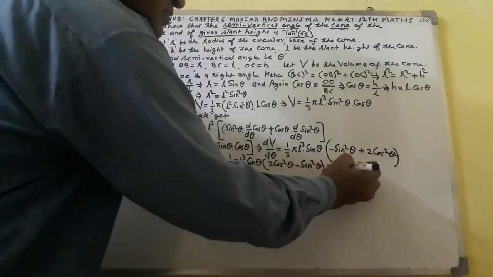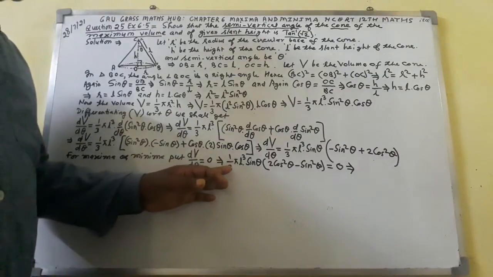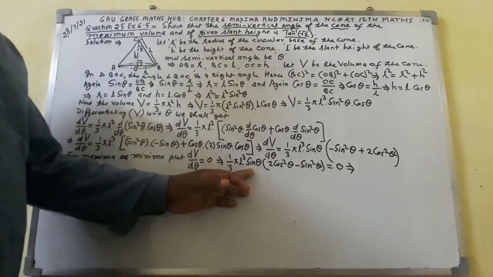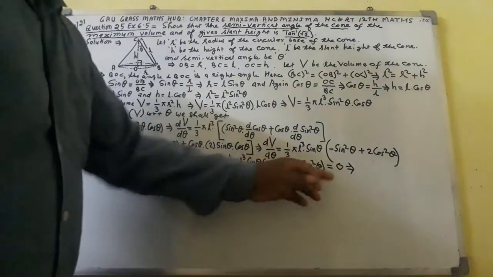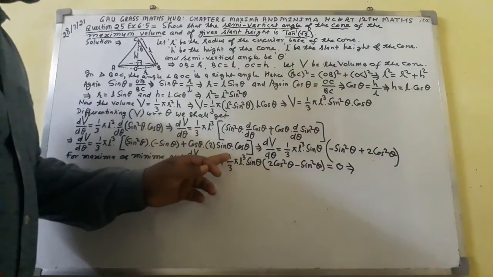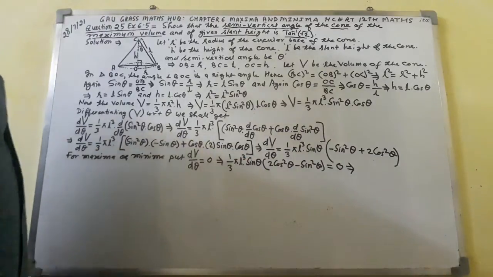Imply that here 1 over 3 pi L cube dot sin theta will be thrown back to right hand side. It will become 0 over 1 over 3 pi L cube sin theta, which comes out to be 0.